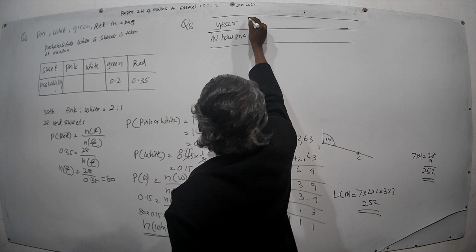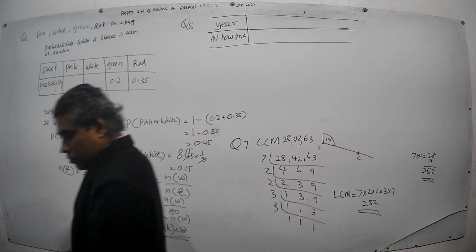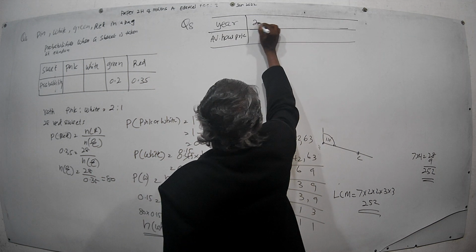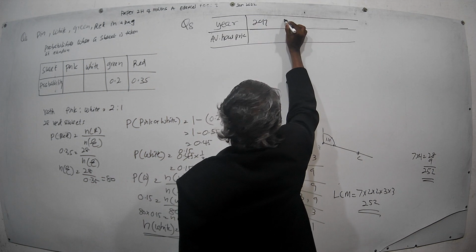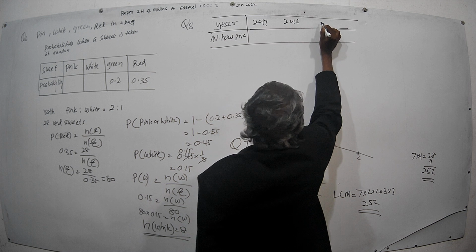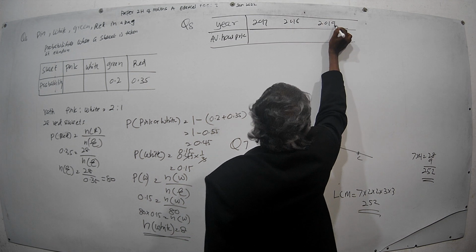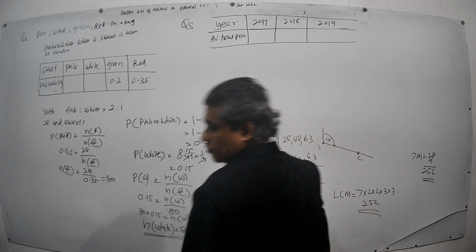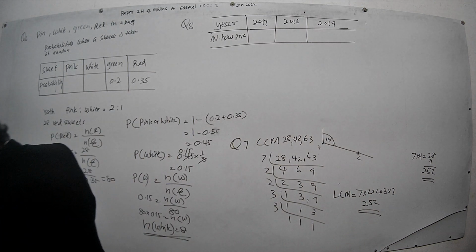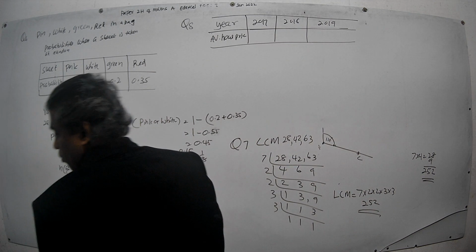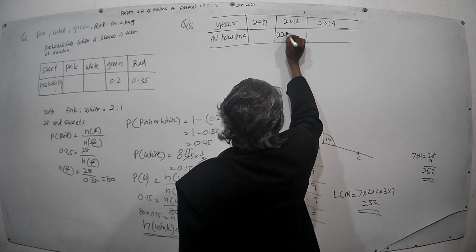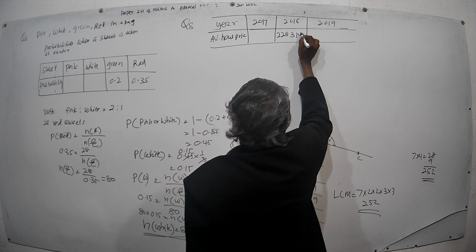Okay, now this is the table. 2017, 2018, 2019. 2018 value 228,314.